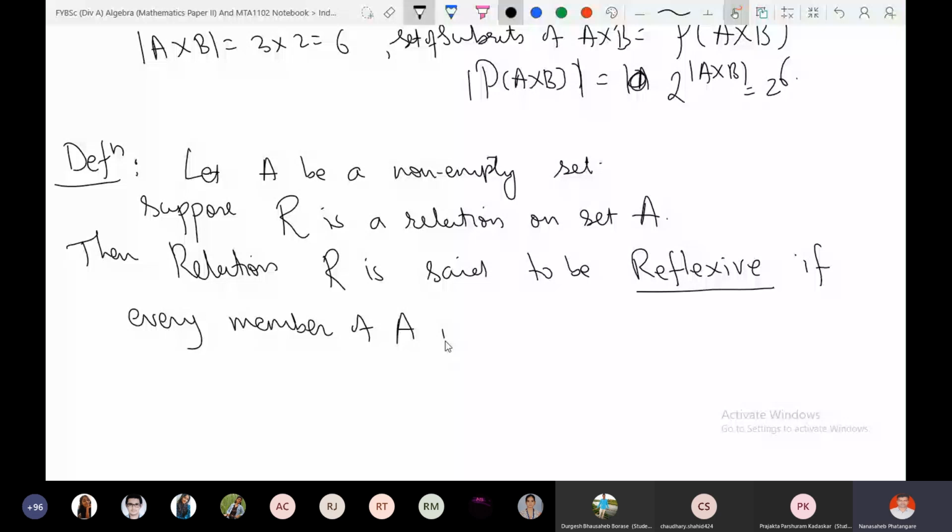Every member of set A is related to itself with respect to relation R.